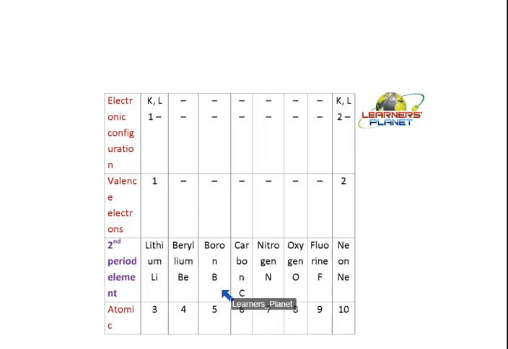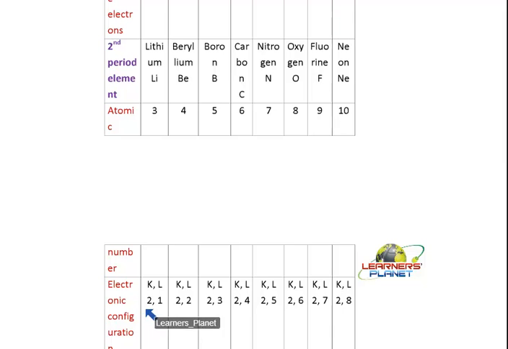Lithium 3, beryllium 4, boron 5, carbon 6, nitrogen 7, oxygen 8, fluorine 9 and neon 10. Now let's check out the electronic configuration. It is 2 1, 2 2, 2 3, 2 4, 2 5, 2 6, 2 7 and 2 8.